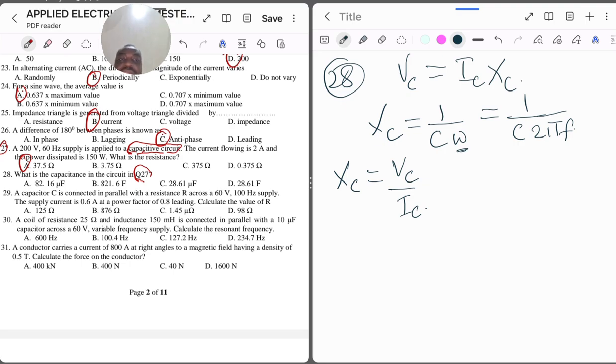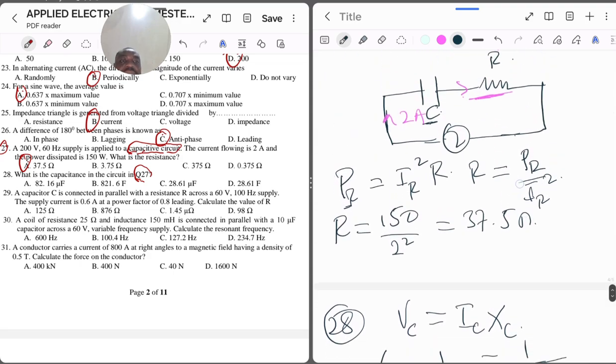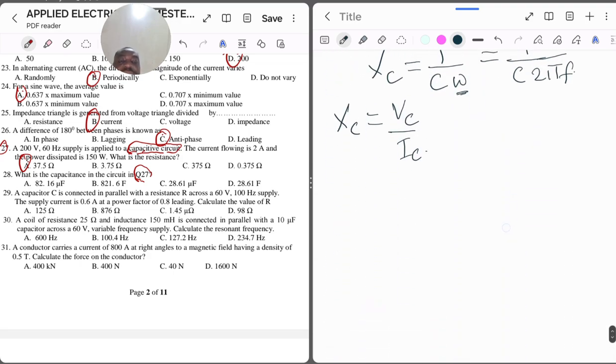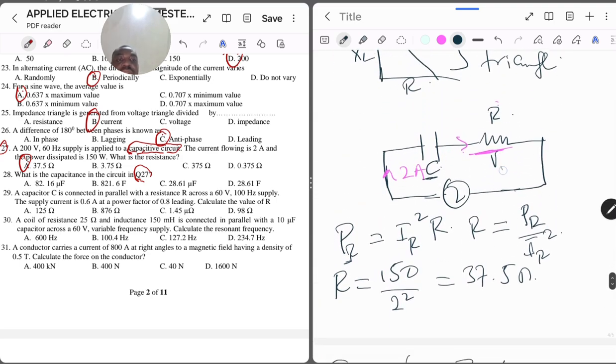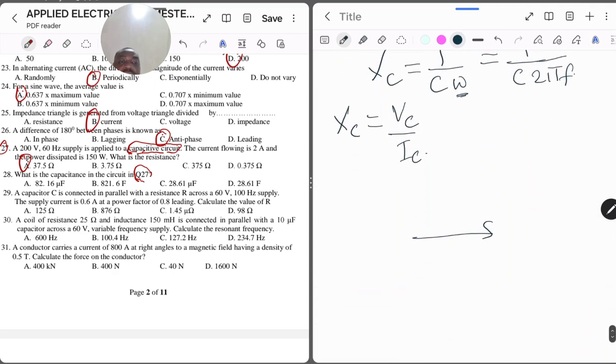If I have a capacitor here with a resistor, the current is the same. So we have the current, and the voltage across the resistor, VR, is always in phase with the current passing through it. So I can write it on the same place, which is VR.